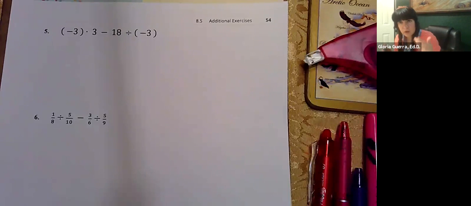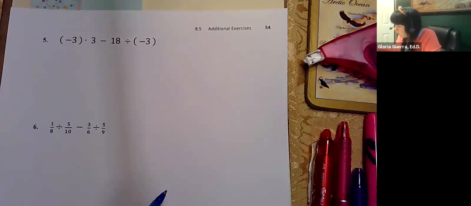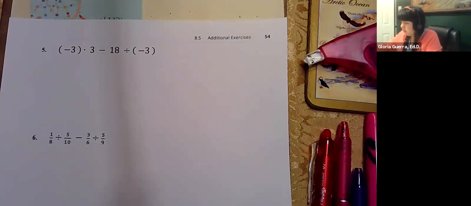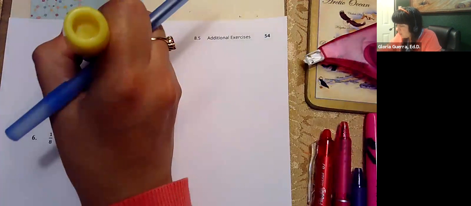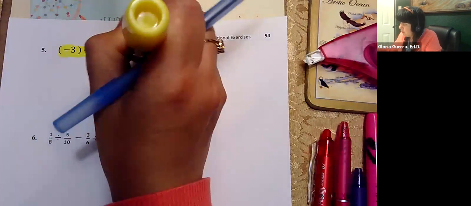Here we're multiplying and dividing from left to right because we don't have any P's and we don't have any E's. So you want to do the multiplication on the left, and then the division on the right.